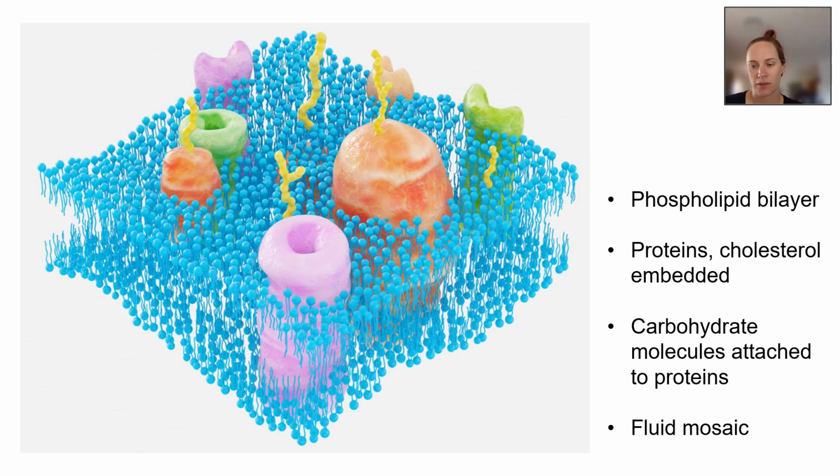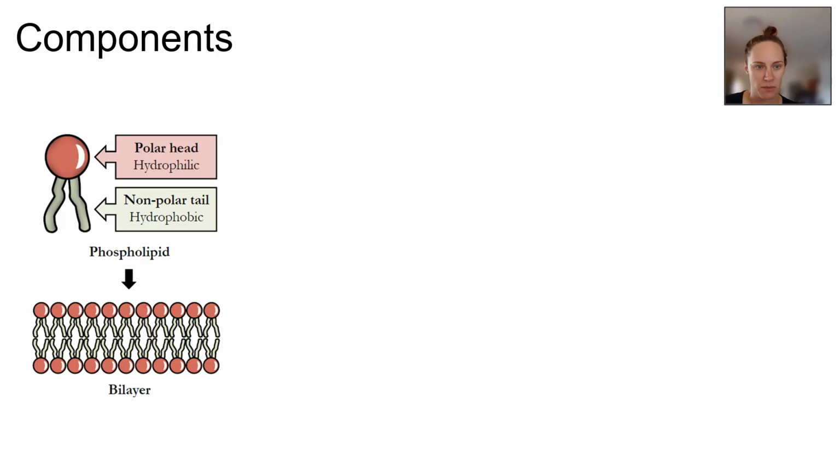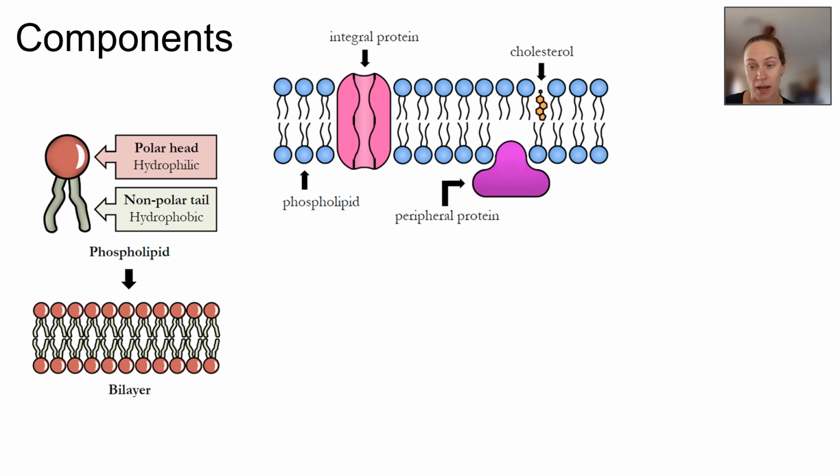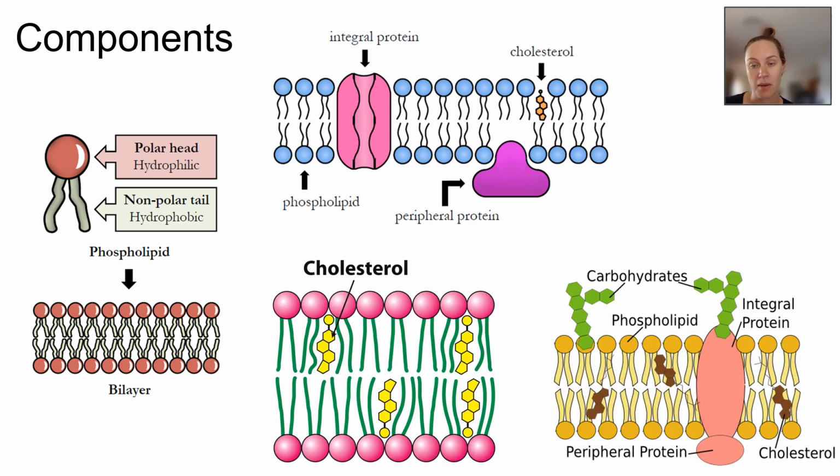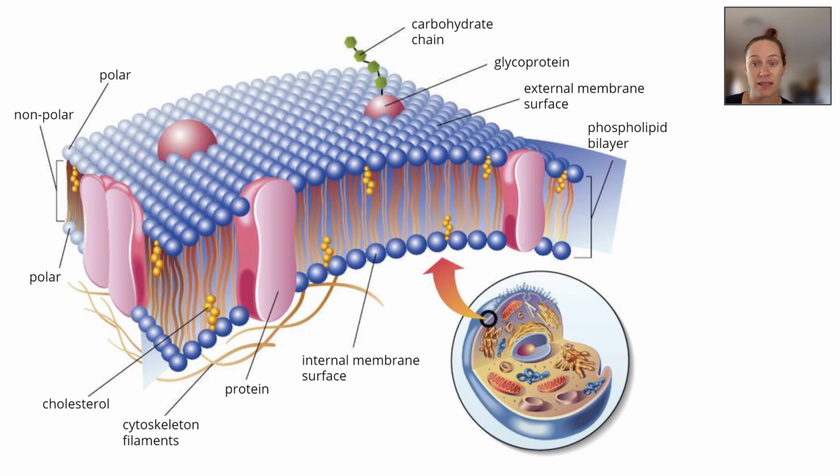We call it the fluid mosaic because a mosaic is made up of lots of different pieces all pushed together. The main components that we're going to talk about are a phospholipid bilayer, proteins of different kinds, cholesterol, and carbohydrates. You'll see there are four similar but different depictions of this, and they all connect together like a jigsaw as the fluid mosaic.